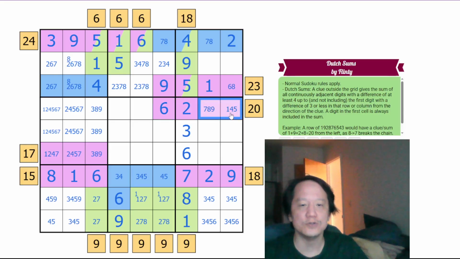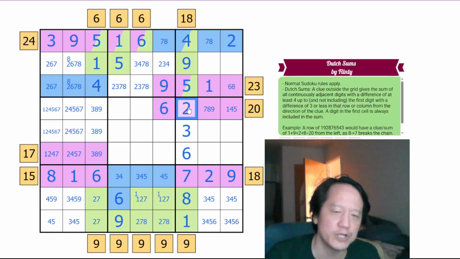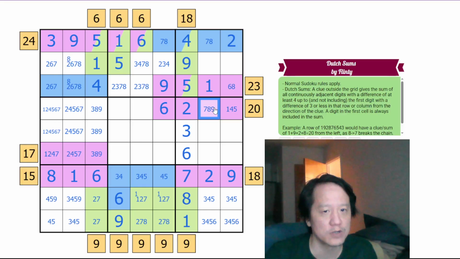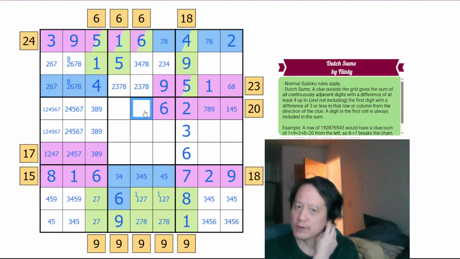Can these two add up to... So 20 minus 8 is 12. Can this be 12? Only if it's 4 and 8. But that does work. Otherwise, it would have to have a 1 here.